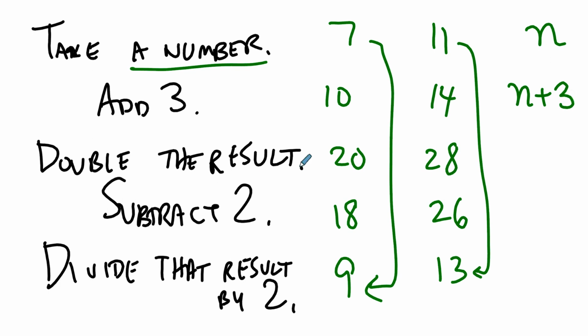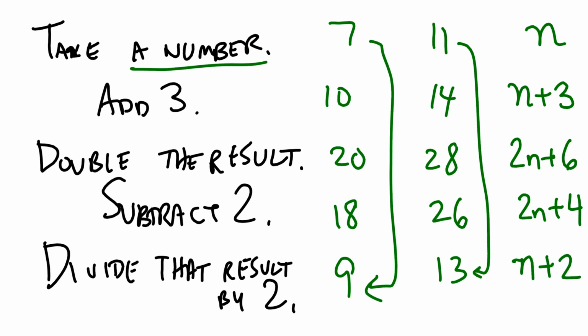And then we double that result, and that becomes 2n plus 6. And then when we subtract 2, 6 subtract 2 is 4. And then we divide that result by 2, which means we divide each term by 2. And sure enough, the n that we started with becomes n plus 2.